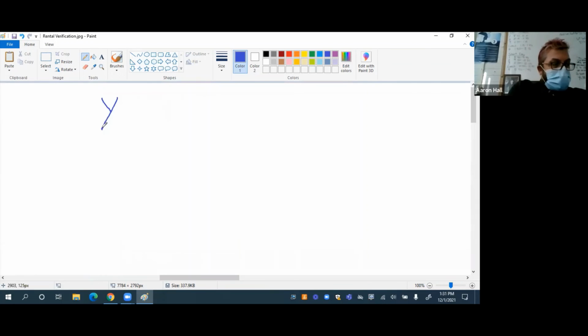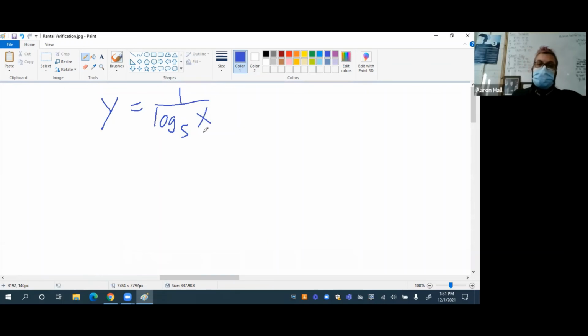Same thing, I want to find the derivative of y equals 1 over log base 5 of x. Anybody think of a strategy?